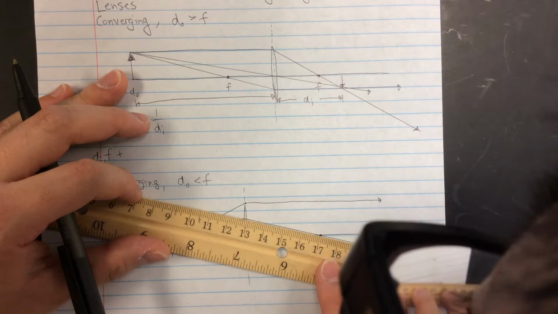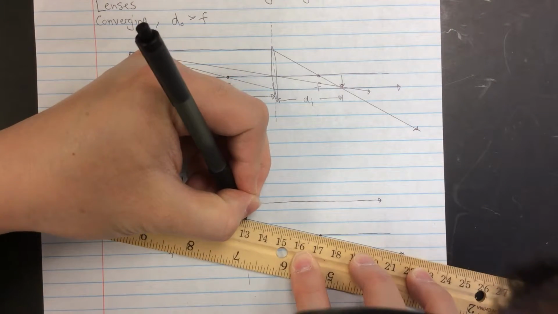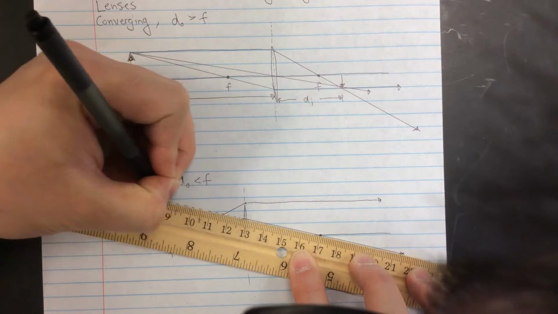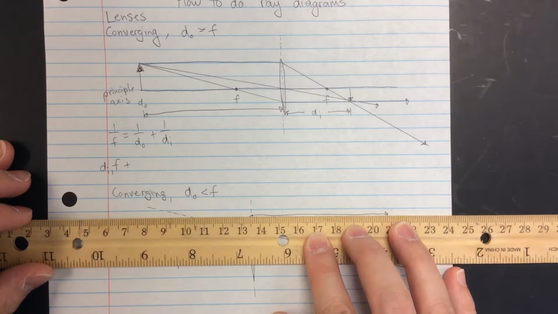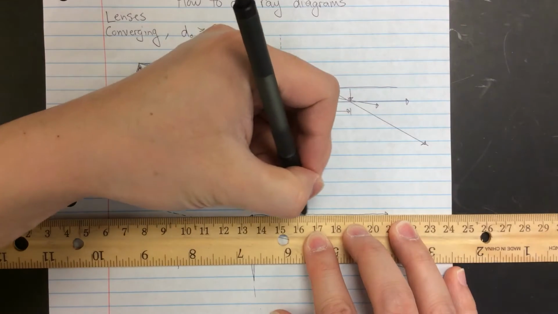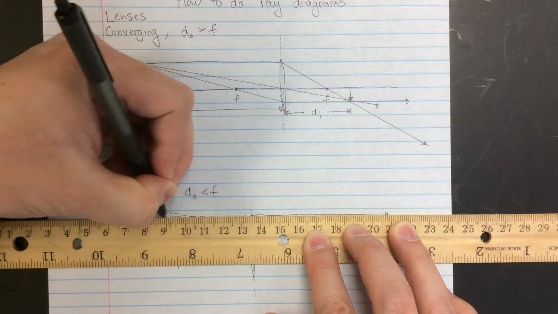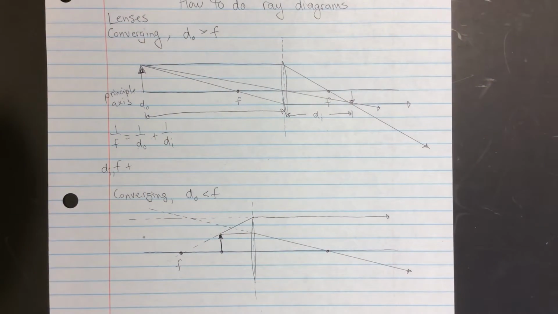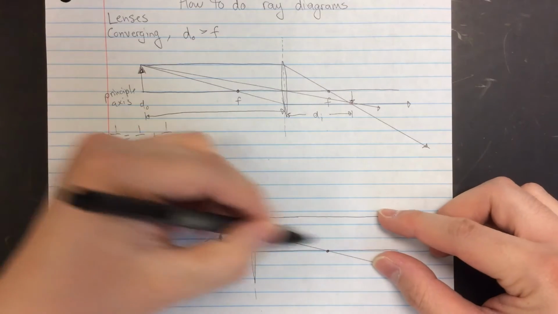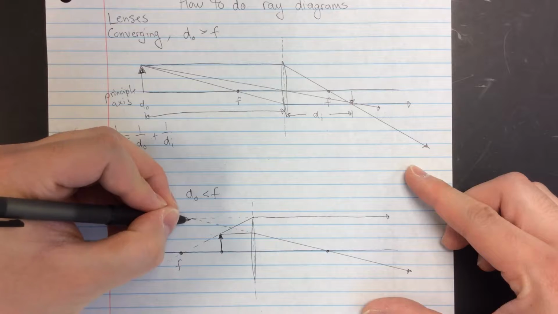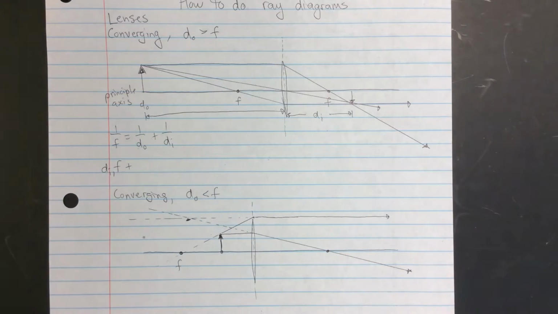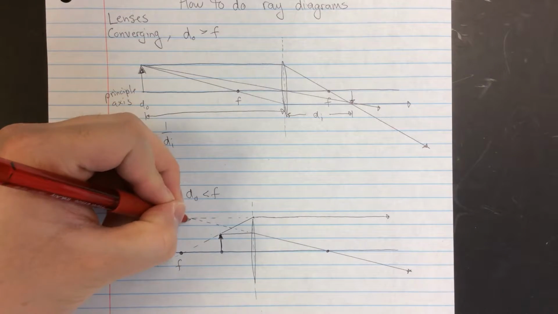So I'm going to take this line and trace it back, and take this light ray and trace it back. Okay, so it will appear as if these two light rays are coming from this spot. Let me use a different color pen to indicate the image.